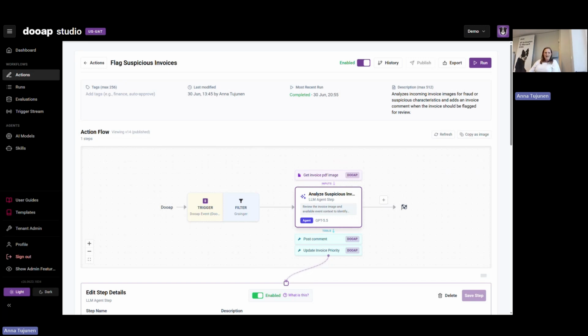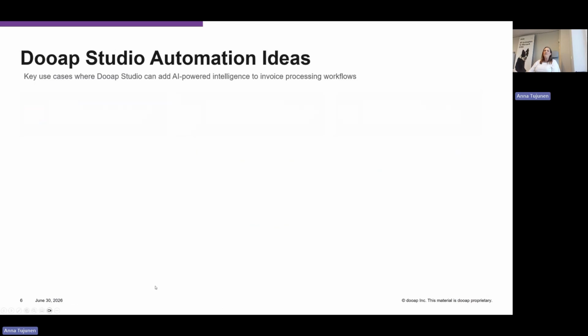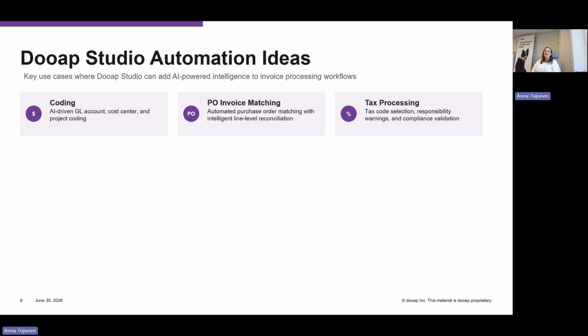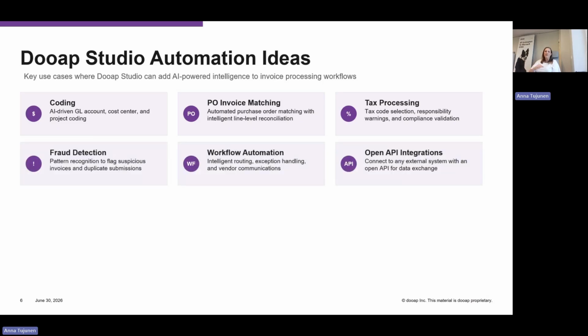Good. I'll just show a few of the automation ideas here as the last part. So coding, PO invoice matching, tax processing, these are some of the most typical parts where AI agents are being built amongst our customers, also for fraud detection, workflow automation, and then also to build open API integrations.